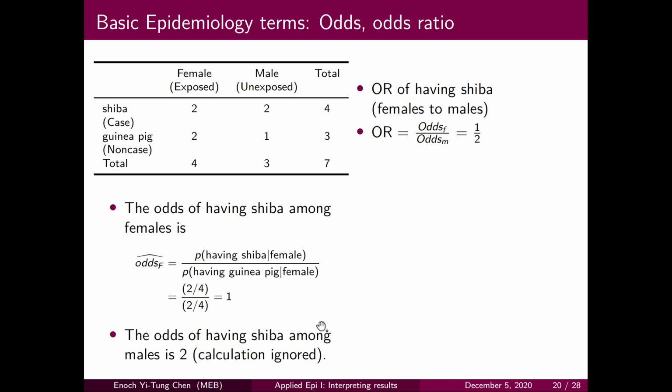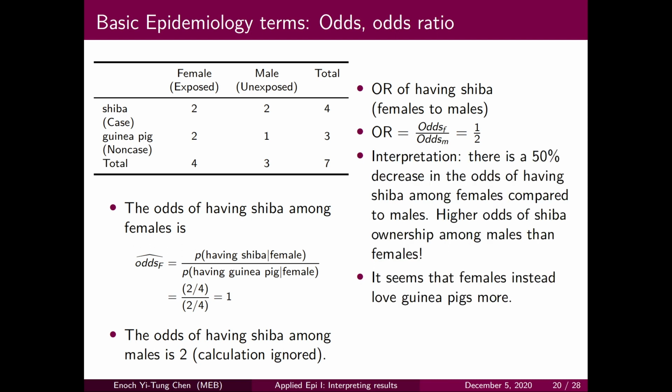Interpretation would then be there is a 50% decrease in the odds of having Shiba among females compared to males. So the odds of having Shiba is actually higher in males. We then say that higher odds of Shiba ownership exist among males than females. Good! That's all for the odds.